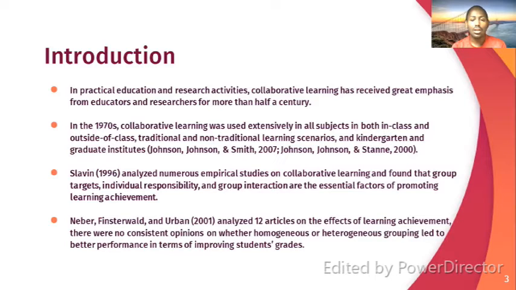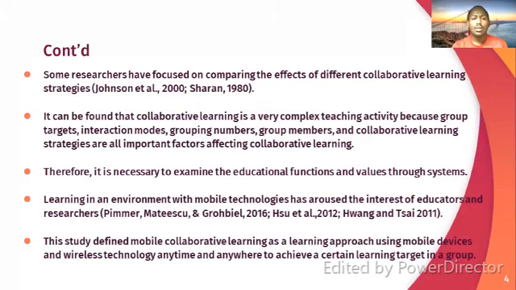Another study analyzed 12 articles on the effect on learning achievement. There were no consistent opinions on whether homogeneous or heterogeneous grouping leads to better performance in terms of improving students' grades. Some researchers have focused on comparing the effect of different collaborative learning strategies.